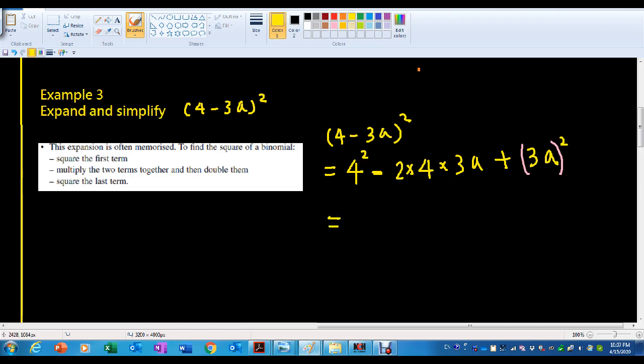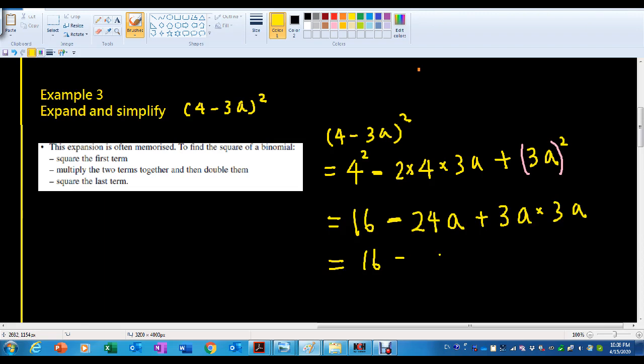Okay, so let's see what happened to the first term. 16. 2 times 4 times 3, is it 24? Okay, and 3a squared, remember 3a squared means 3 times a times 3 times a.